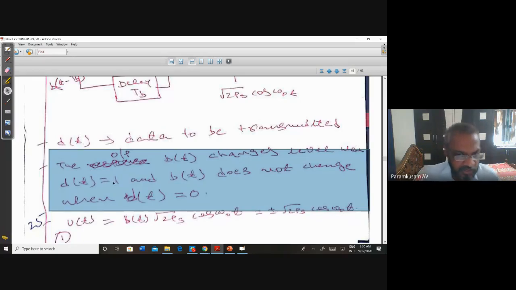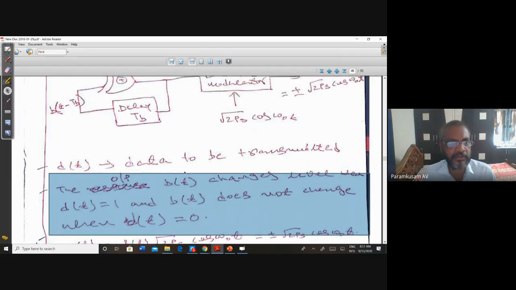D of t is equal to 1 అయింది అనుకోండి, the output B of t అనేది లెవెల్ చేంజ్ అవుతుంది. And B of t does not change when D of t is equal to 0.